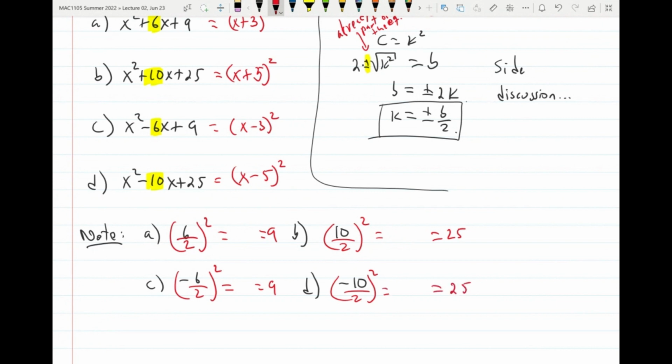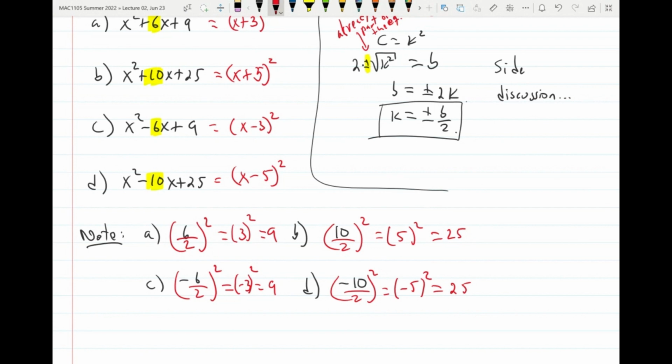Now I'm leaving a little space here because I want to do the actual in-between calculation. Notice that the in-between calculation is 3 squared. Here we get -3 squared. Here we get 5 squared, and here we get -5 squared. And why am I saying this? Because now we see also another little pattern. This is the process of finding the number that you need to complete the square, divide by 2 and square it, but also here you already know immediately how it's going to factor.